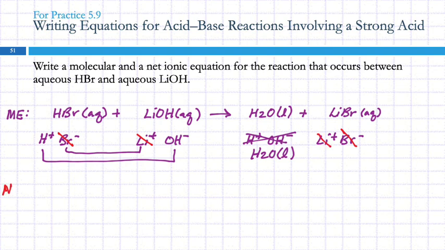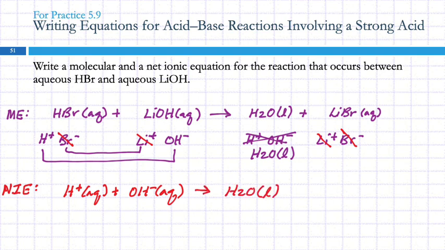So the net ionic equation is H plus aqueous plus OH minus aqueous, making H2O liquid. And that is the net ionic equation for many acid-base reactions. Any questions?